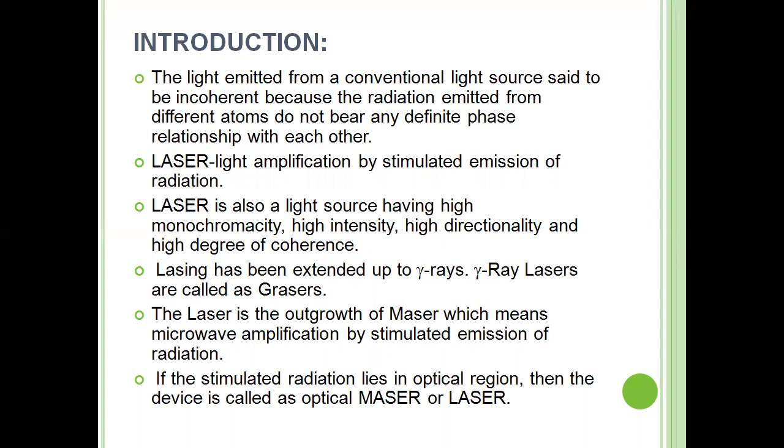If the stimulated radiation lies in the optical region, then such devices are called optical masers, otherwise lasers. Which means that if the output of the stimulated radiation is in the range of the optical region, then we can call that device an optical maser or a laser.